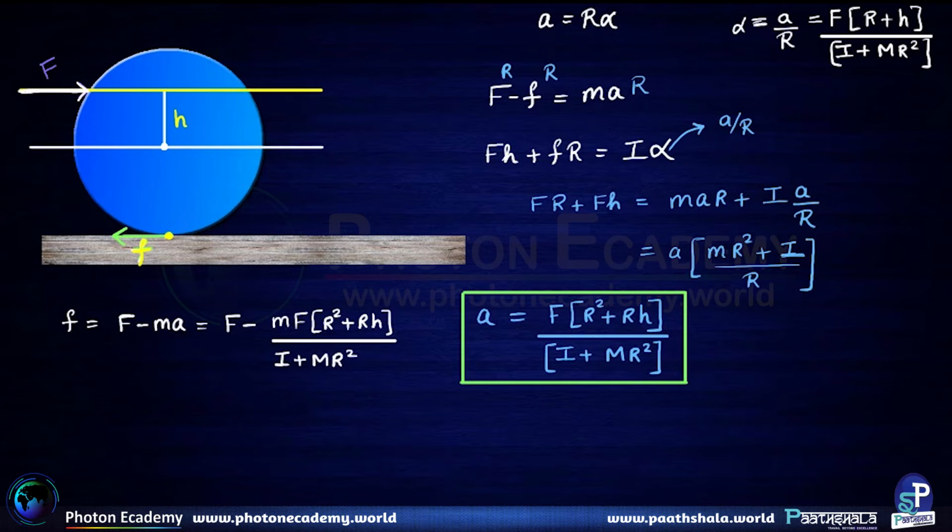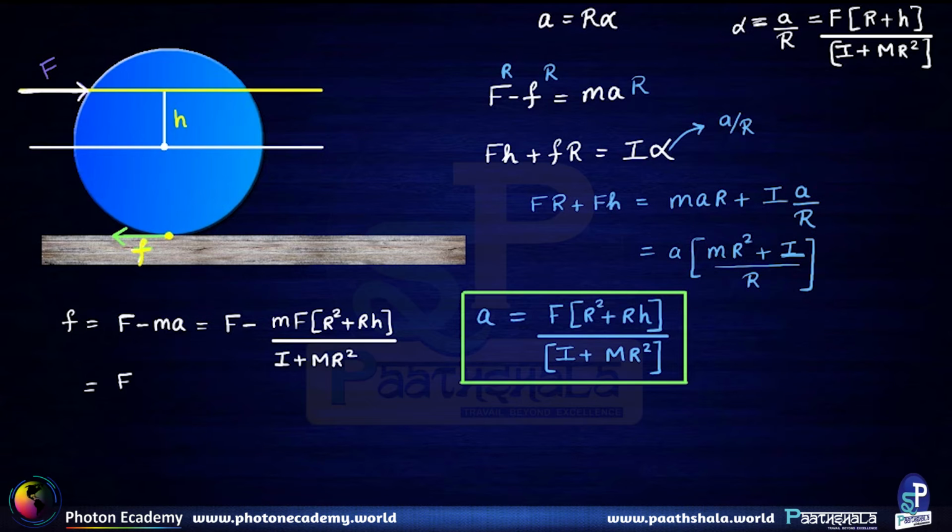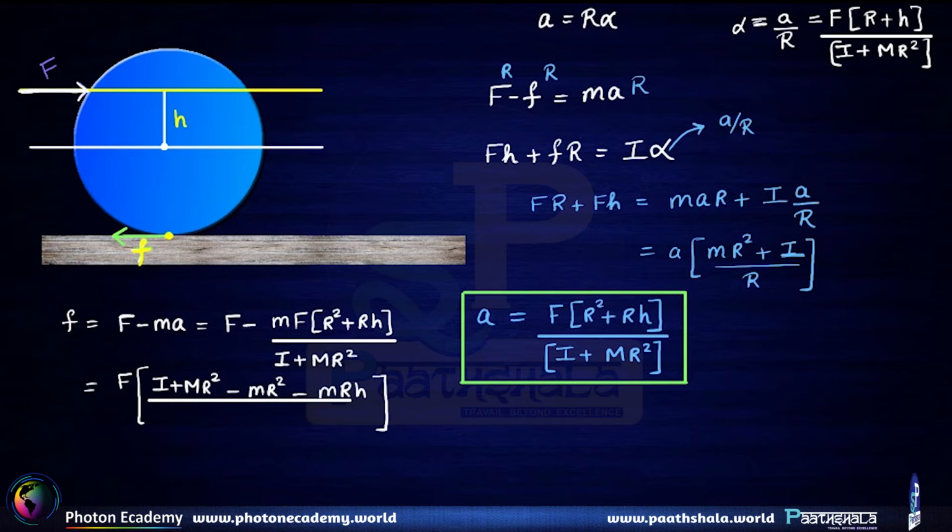Now if we go ahead and simplify this, capital F is taken common outside, we get (I plus mr square on taking the LCM minus mr square minus mrh) whole divided by (I plus mr square).